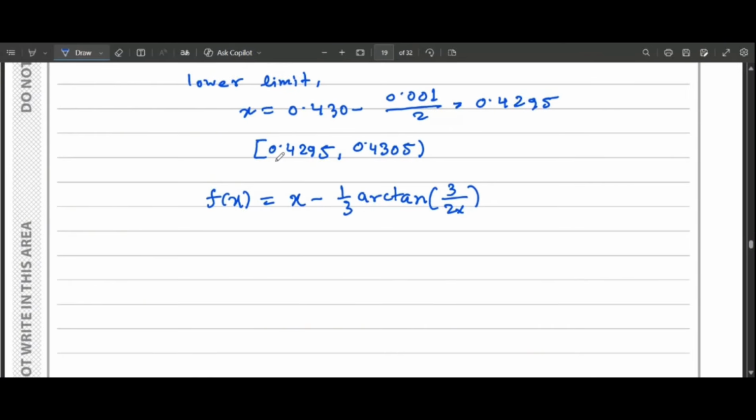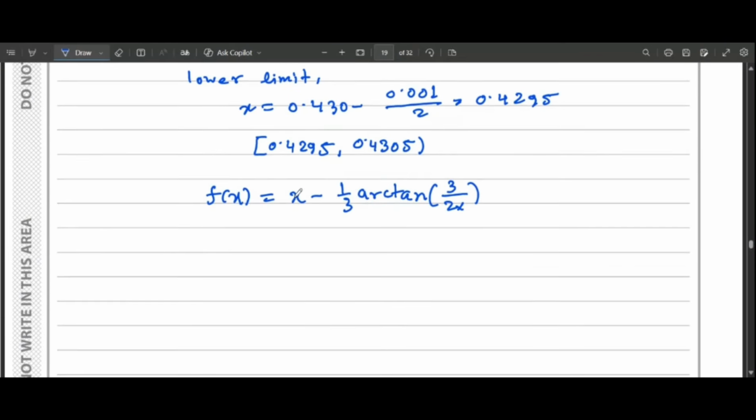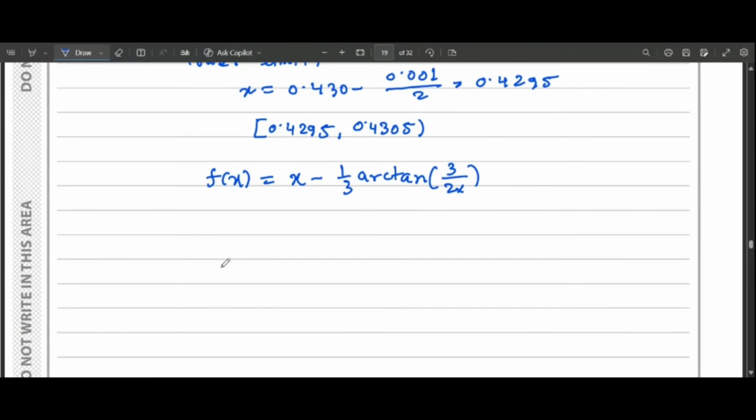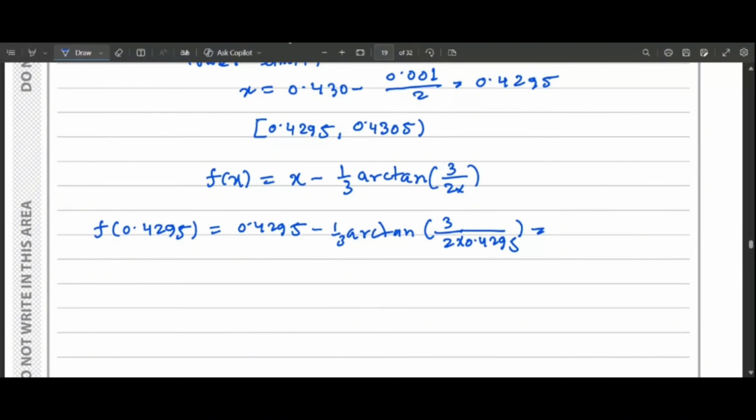As a root exists between them, we can say for certainty that x equals 0.430 is a root up to 3 decimal places. So we will calculate the value of f for the lower limit. f(0.4295) will be equal to 0.4295 minus 1/3 of arctan of 3 by 2 into 0.4295. This will give us a value of 6.38 times 10 to the power of minus 5.